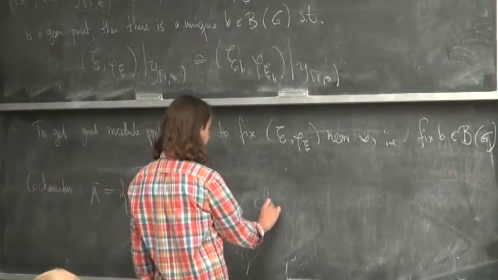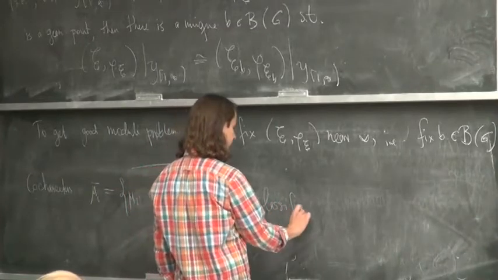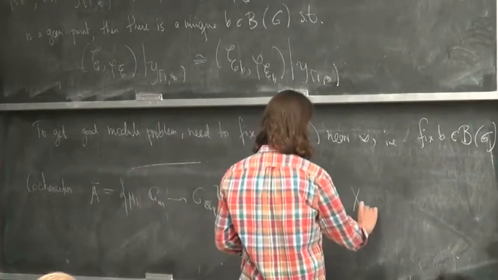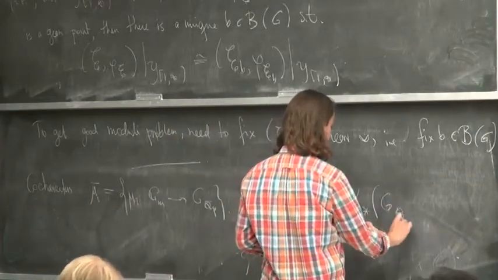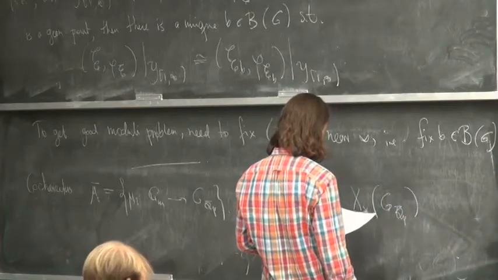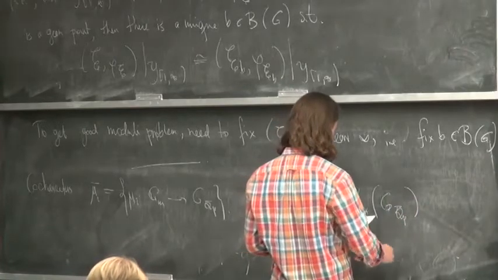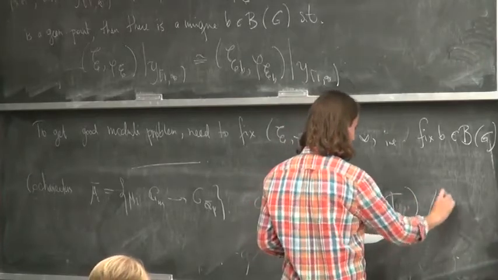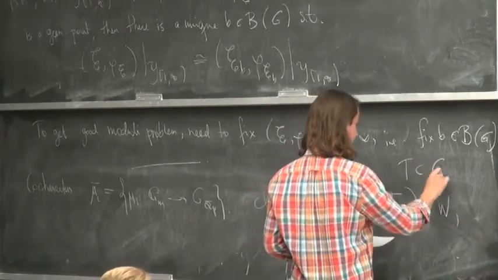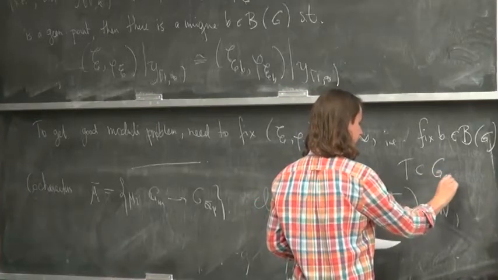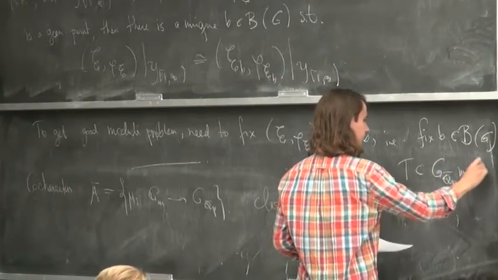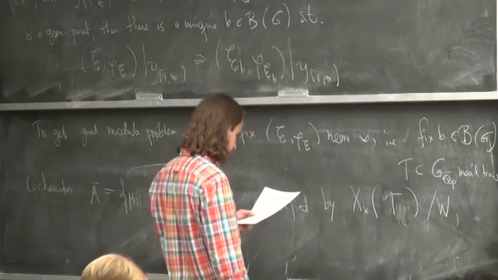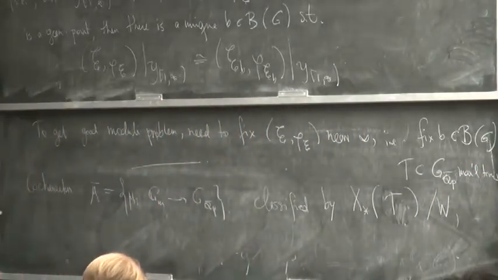Such co-characters are conjugacy classes of co-characters, classified by co-characters of T modulo the Weyl group, where T in G over Q_p bar is a maximal torus.